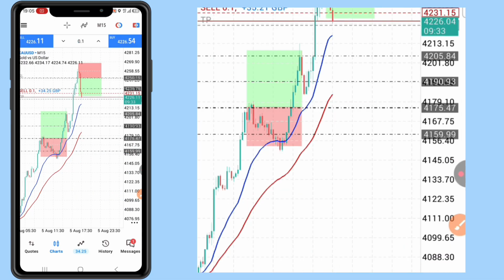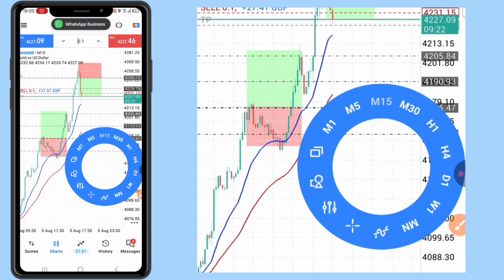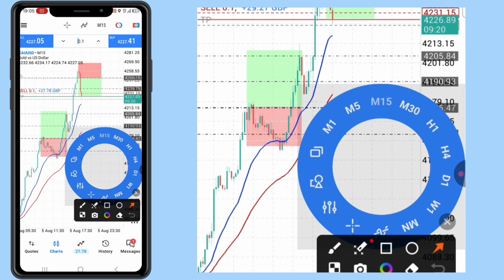So how do we do that? Let's change the time frame to 1 day, so we know where the market is actually going next. What we are going to do is tap anywhere on the screen and then select 1 day, which is right there.